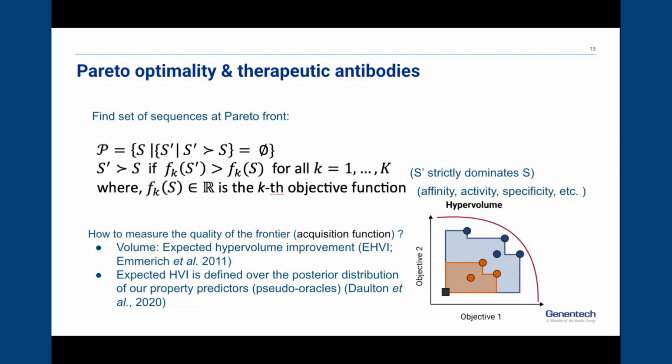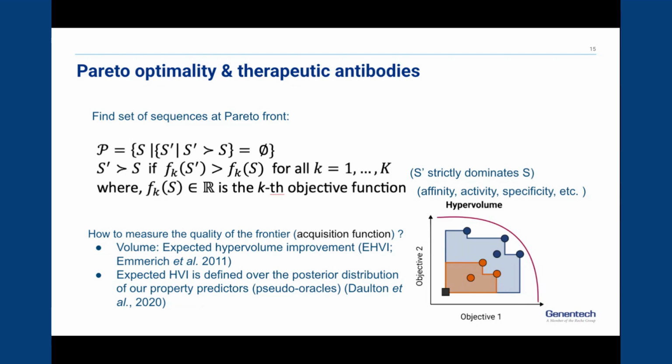And our acquisition function, which I'll explain how we define, is the one we are optimizing with this black box optimization, such that we stay at the Pareto frontier of this property space. So we want to avoid expensive experimental assays for designs that are strictly dominated, meaning they are good or better in all respects than the candidate design. That's what it means to stay at the Pareto frontier.